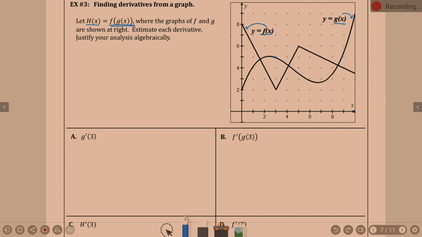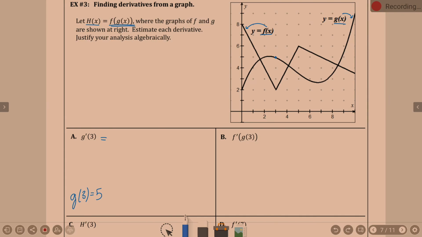Oh, the slope. So G of 3 would be about 5-ish. G prime of 3 wants the slope. I even have written in my notes, if you're asking G of 3, that's where the 5 is. We need to talk slope now. How am I going to talk slope here? I'm going to draw the tangent line.